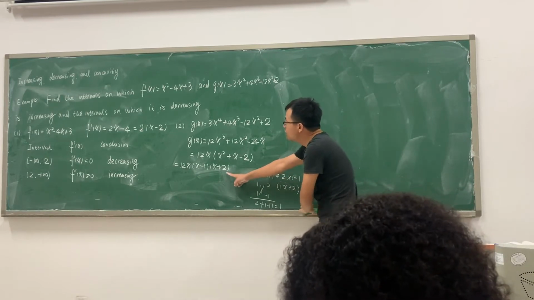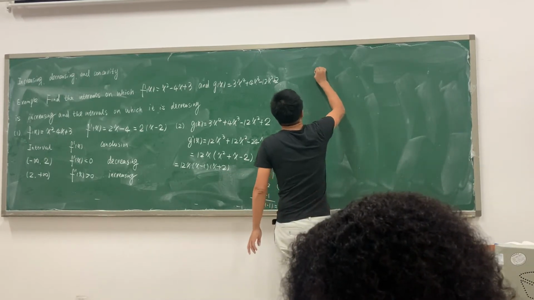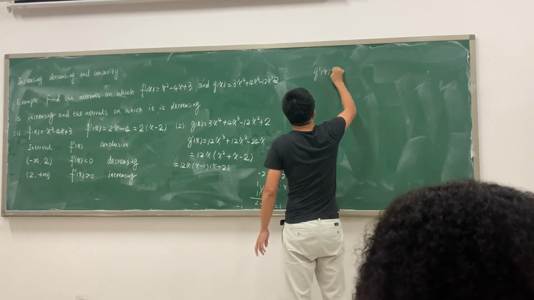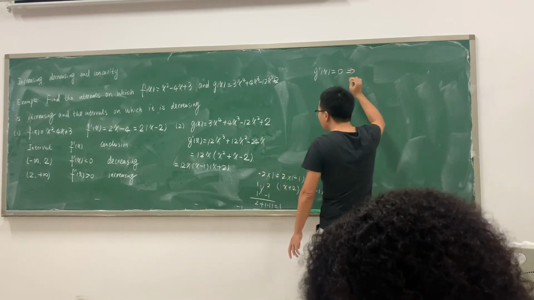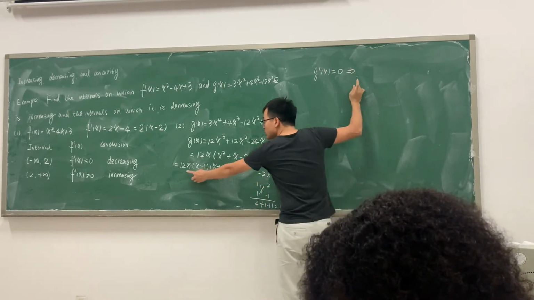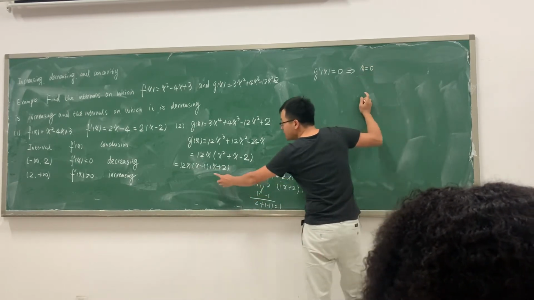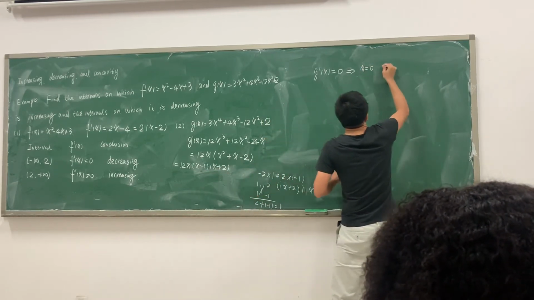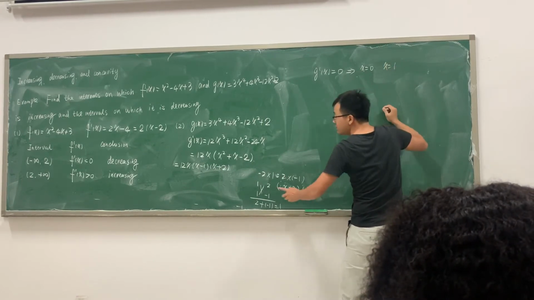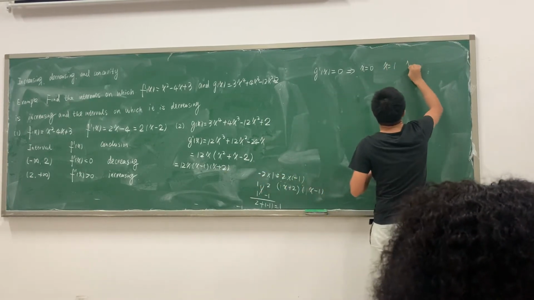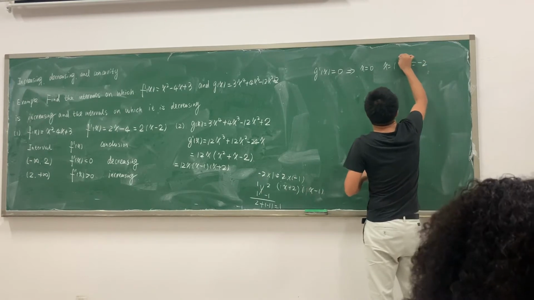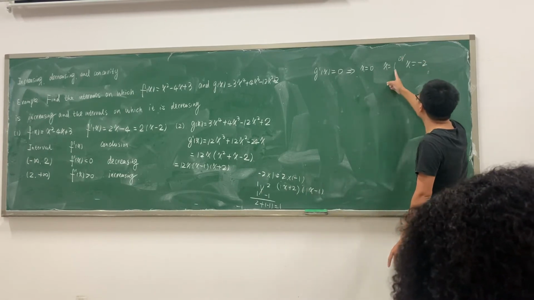First we let g prime equal to 0. We can find x equals 0, or x equals 1, or x equals minus 2. So here we have 3 points.